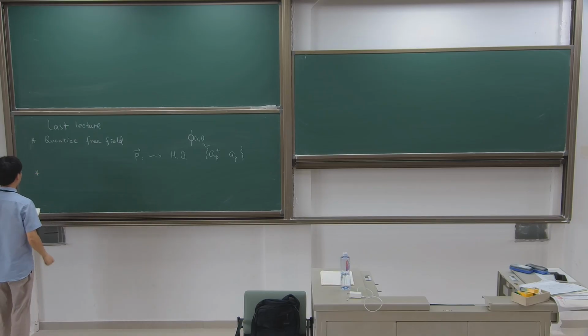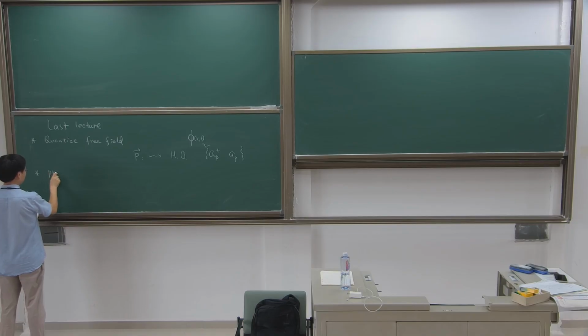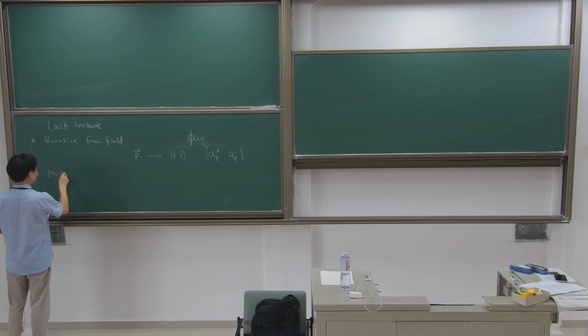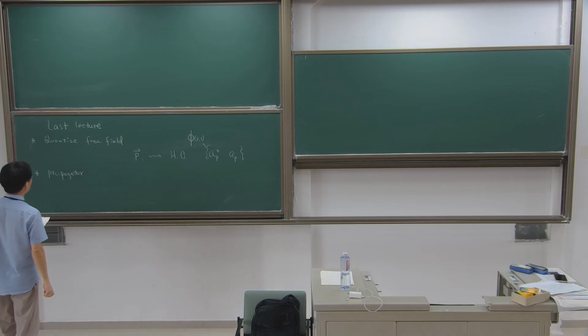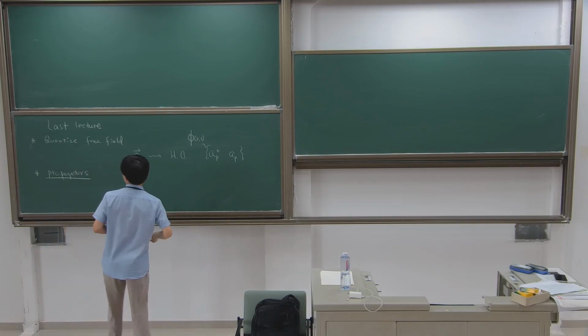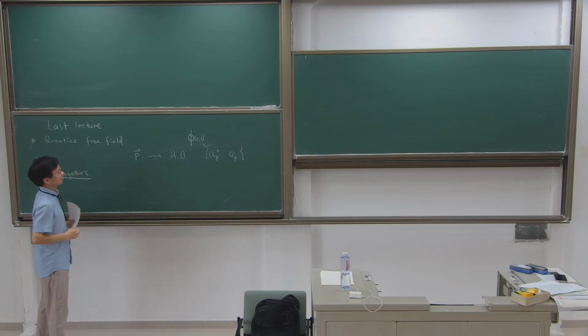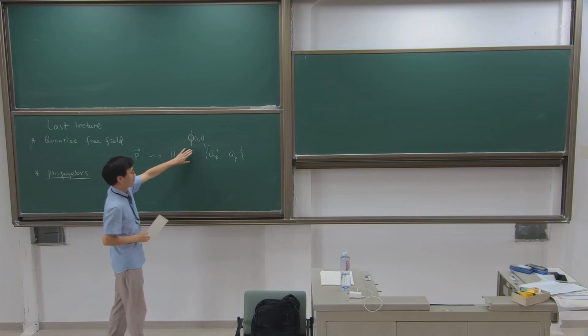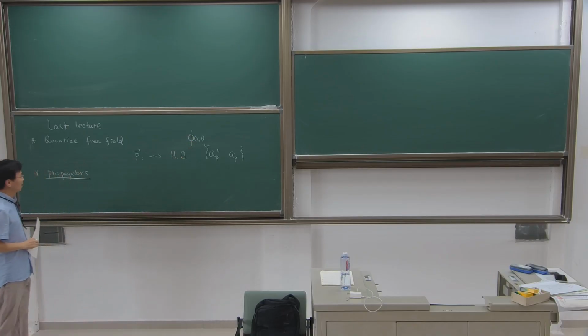In the last few minutes of last week's lecture, we mentioned propagators. Propagators are about the two-point function. Not only a one-point function or some composite operator, even for two-point insertions located at different points, we can work them out.